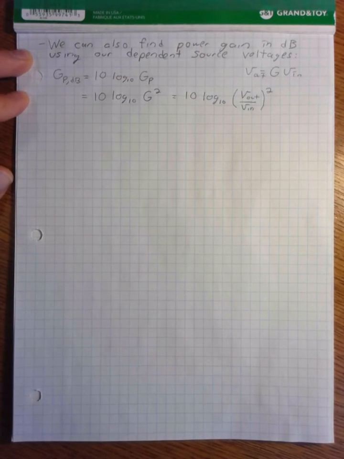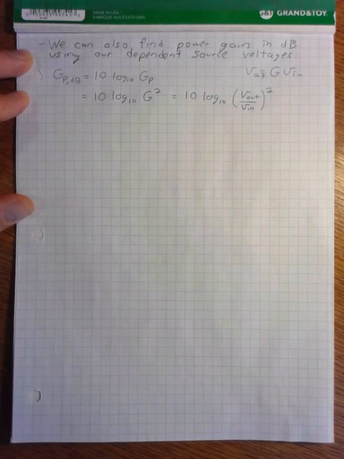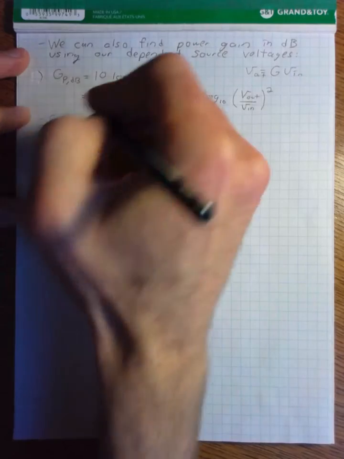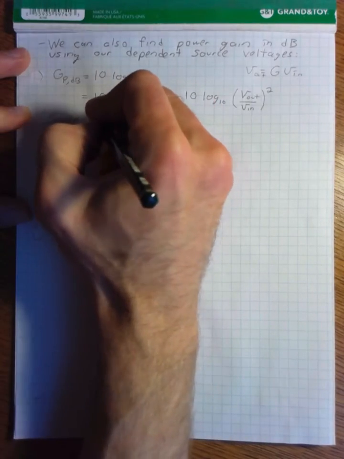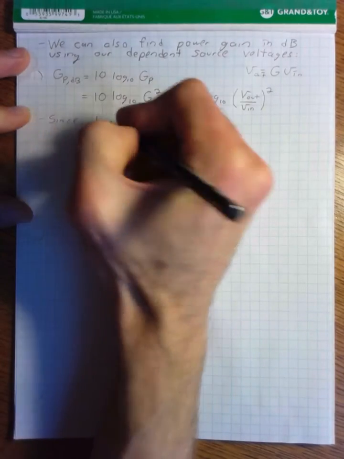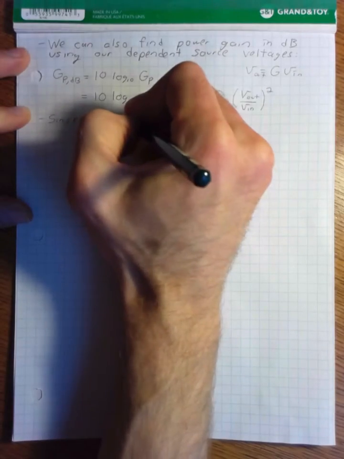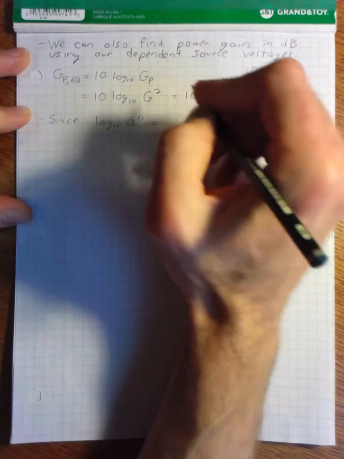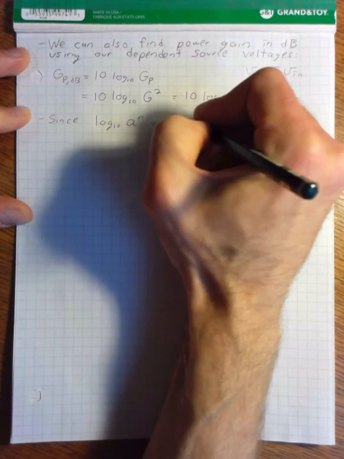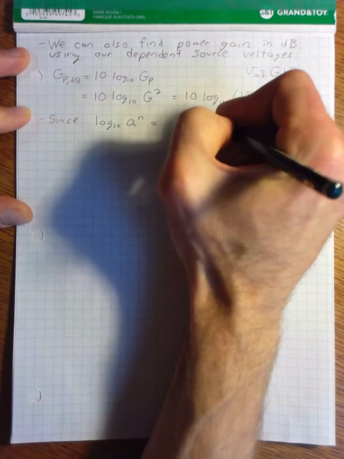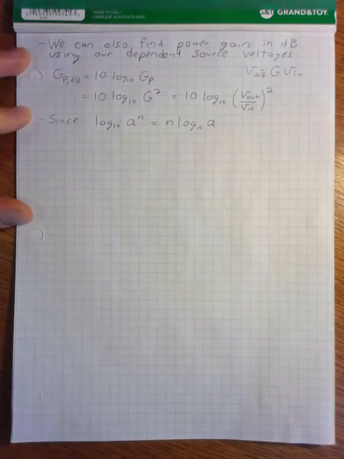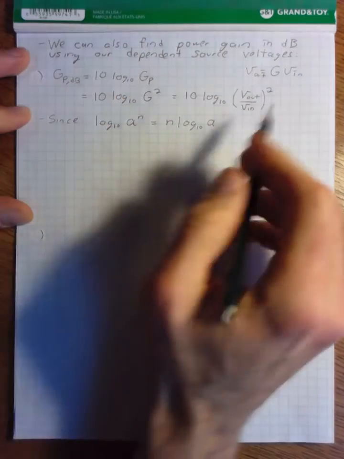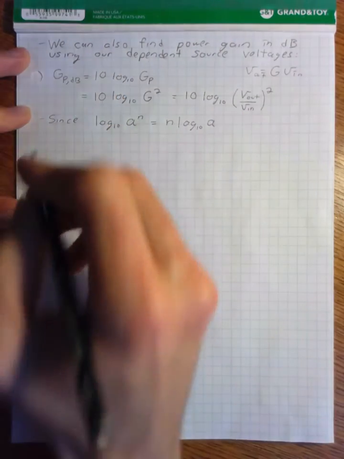Now, there's a special property of logarithms. If you have log base 10, or really log base anything, of a to the exponent n, this is the same thing as just taking the base 10 log of a and then multiplying your result by n. So you can take this exponent and put it out front. Because of that, we can take this 2 and put it out front.